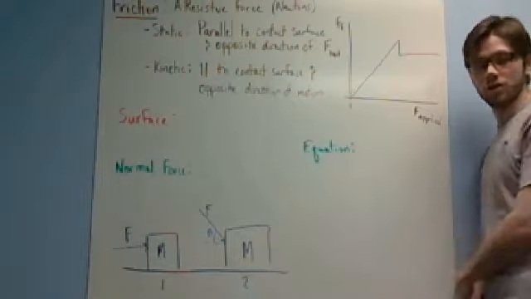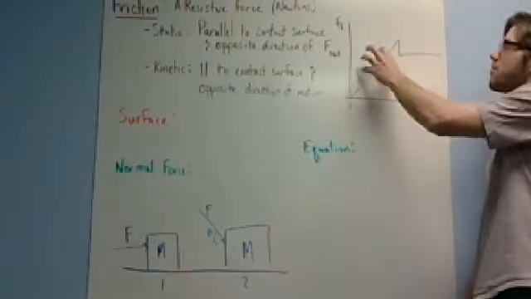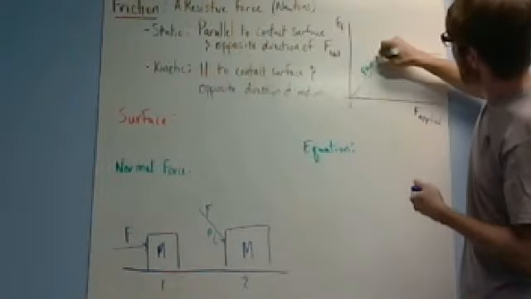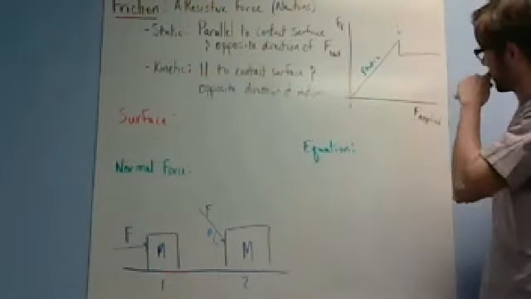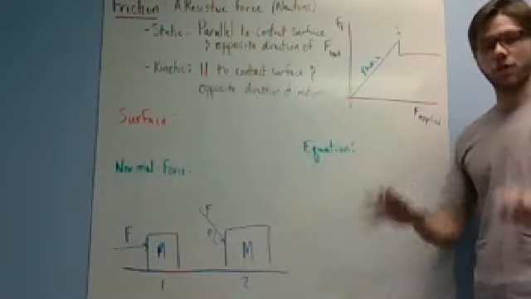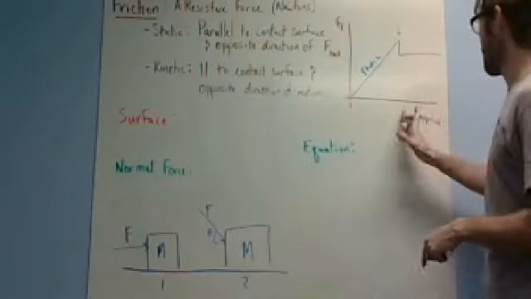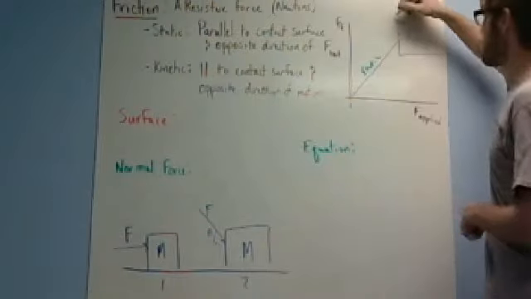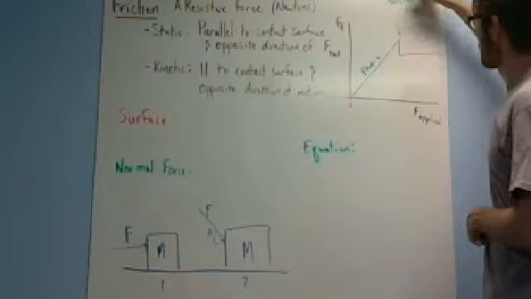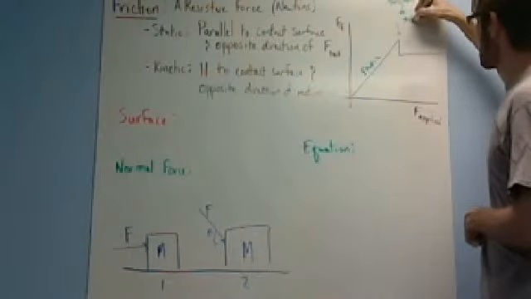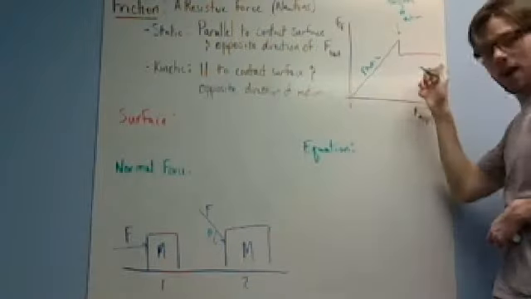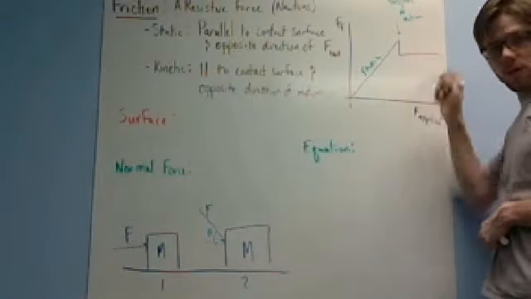It's not until we get out of this static region, which we can label here, that things change. Once we get up to this point, we reach the maximum force you can apply before the object starts to move. So the maximum applied force gives you this maximum frictional force. We call this the threshold of motion. Once you overcome this highest peak, you notice there's a sudden drop, and then a leveling out of the graph, a horizontal line that follows.